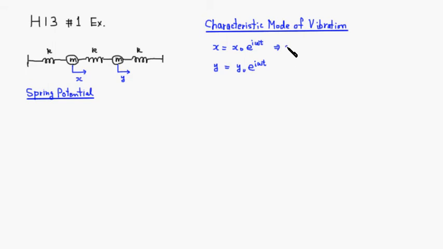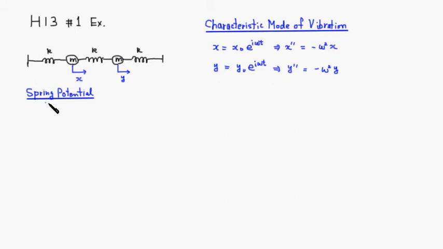If you take the derivative of x with respect to t twice, you're going to get negative w squared x. And the same thing with y, so y double prime is going to be negative w squared y.